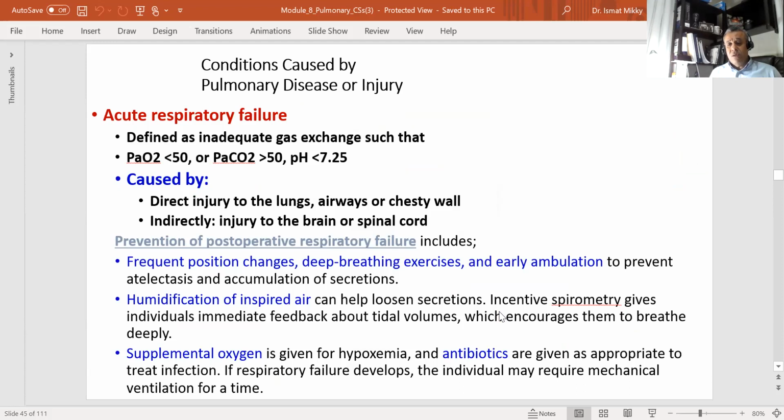The acute form is usually caused by acute respiratory failure, which usually results from direct injury to the lungs, injury to the airway, or injury to the chest wall, or indirectly from injury to the brain or spinal cord, and then eventually it will affect the lungs.